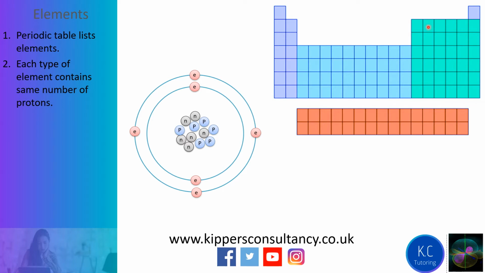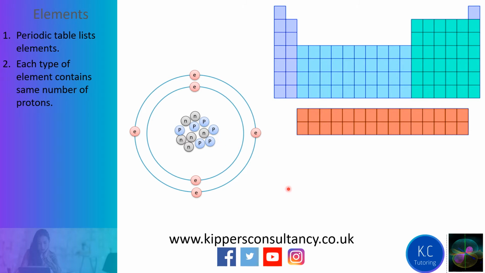So this would be carbon here. The 6th element in the periodic table has 6 protons, as we can see there. So that is how I can tell this element is carbon.